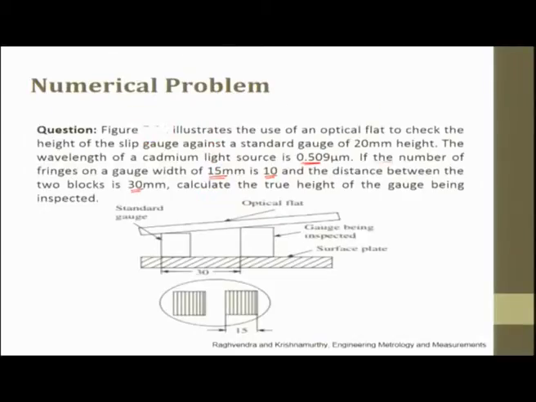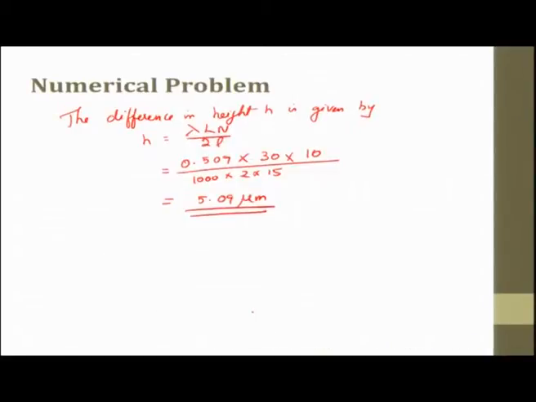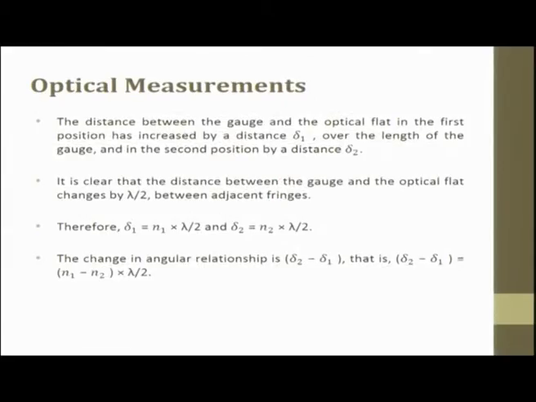So, the optical flat is extensively used for such measurements. This is 15 millimeter, so you are multiplying with 15, right. The other optical measurements: the distance between the gauge and the optical flat in the first position has increased by a distance delta 1 over the length of the gauge, and in the second position by a distance of delta 2.